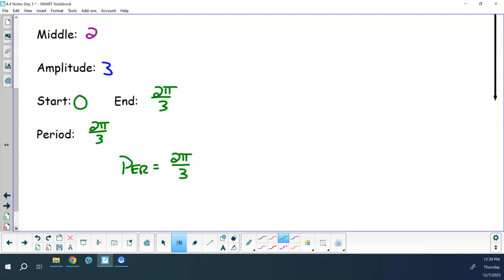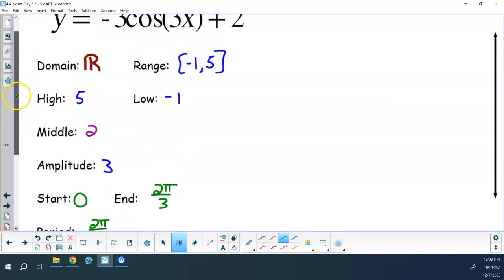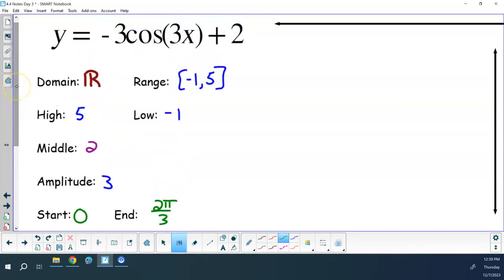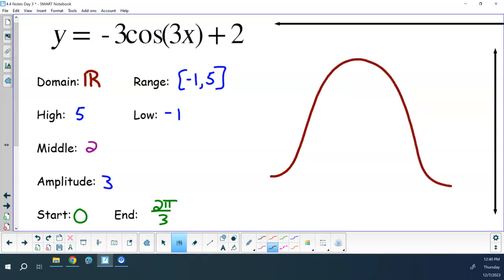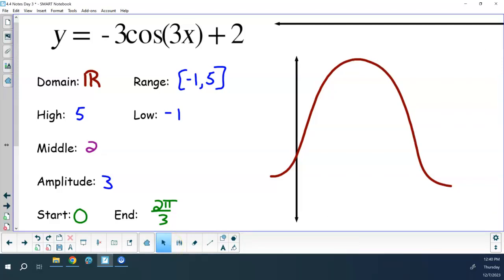Let's see. Negative cosine curve starts where? It starts at the bottom, then goes up and ends at the bottom, right? The vertical axis can go here.